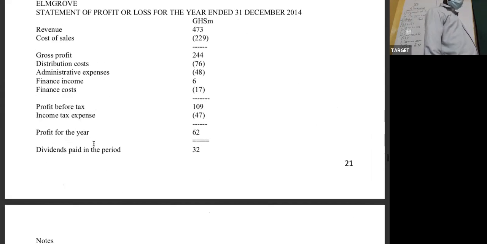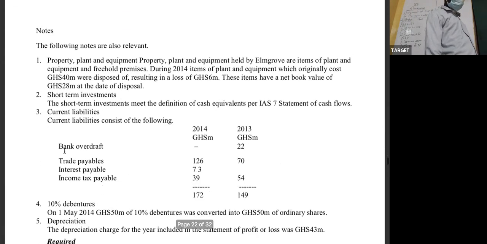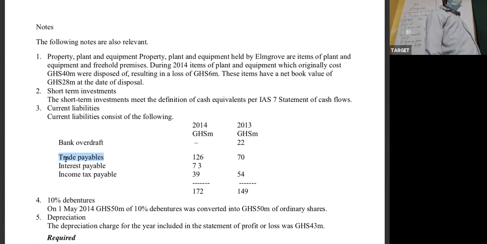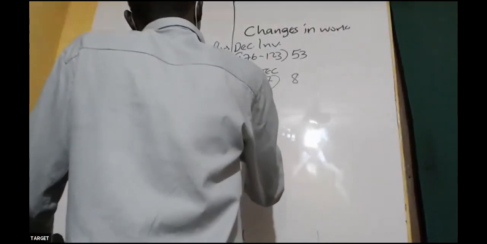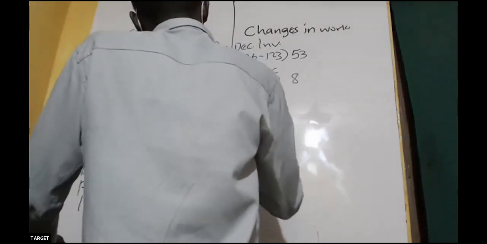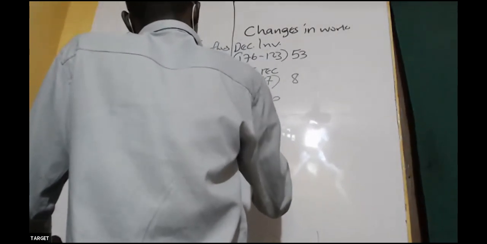They give us a breakdown. Trade payable, the breakdown is from 70 to 126, that's note 3. So I'll find the difference. That's an increase. Here's our third examiner, increase in trade payable. 126 minus 70, answer, 56.